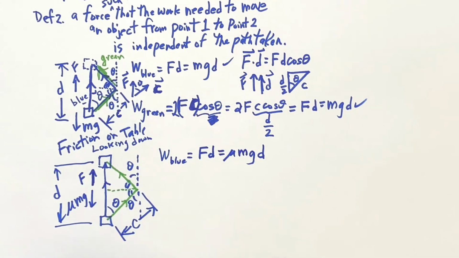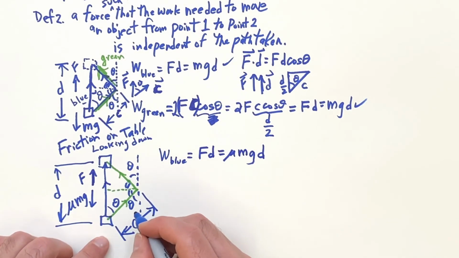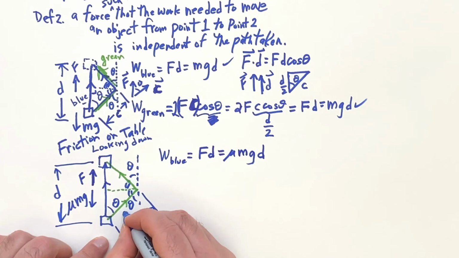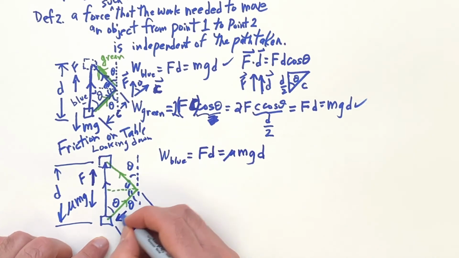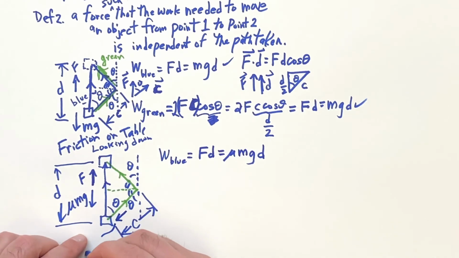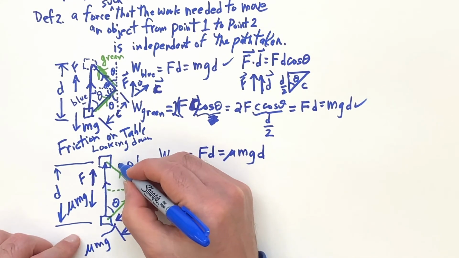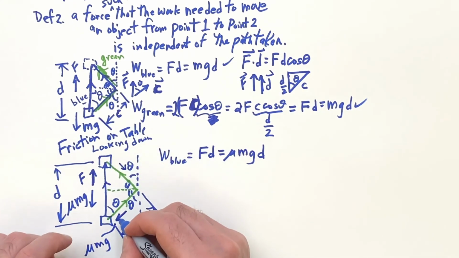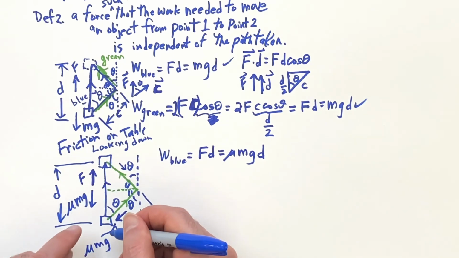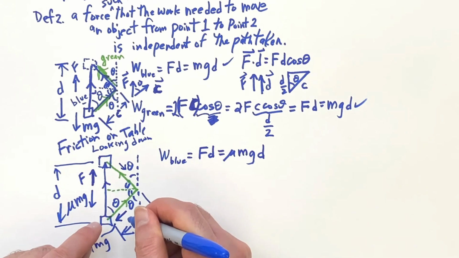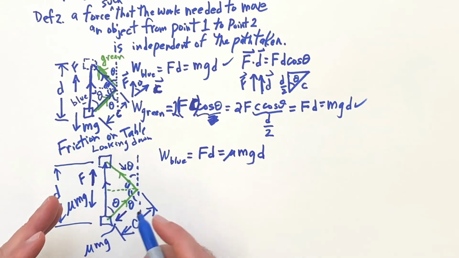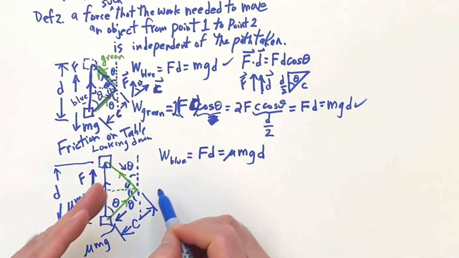Now when we go to the green path, we have a problem. It's different now because your friction force is going to oppose you. So the mu mg is going to be this way, and it's going to be opposite you. So you have to then apply a force along the direction of motion here with a mu mg the other way.